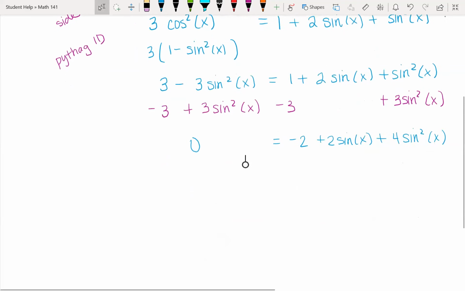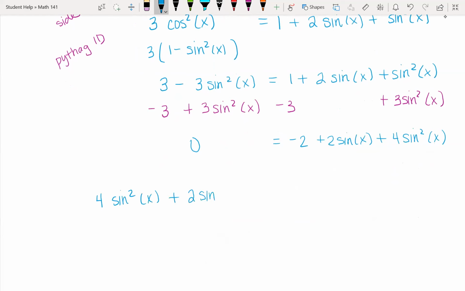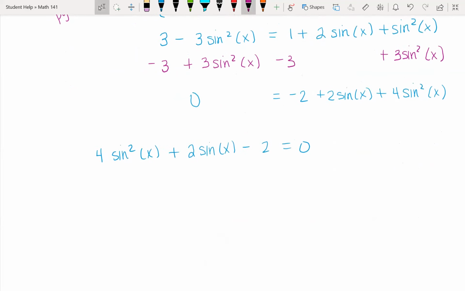Okay, I'm going to rewrite this. 4 sine squared x plus 2 sine x minus 2 equals 0. Okay, now let's factor this. This is in the format of 4m squared plus 2m minus 2 equals 0.